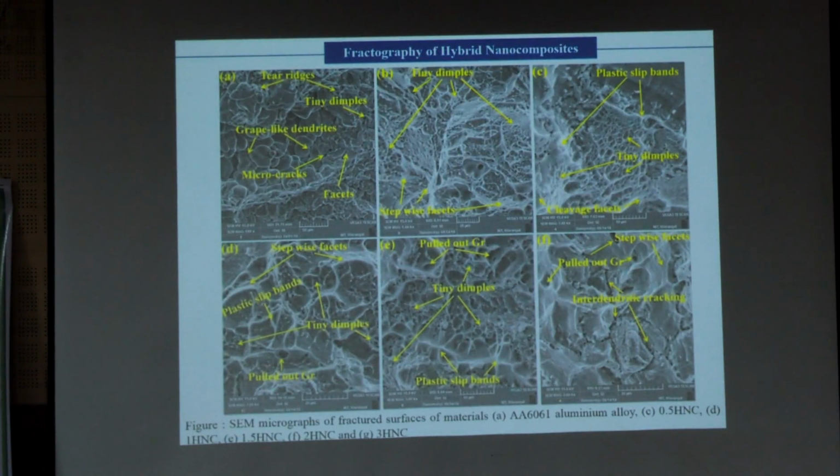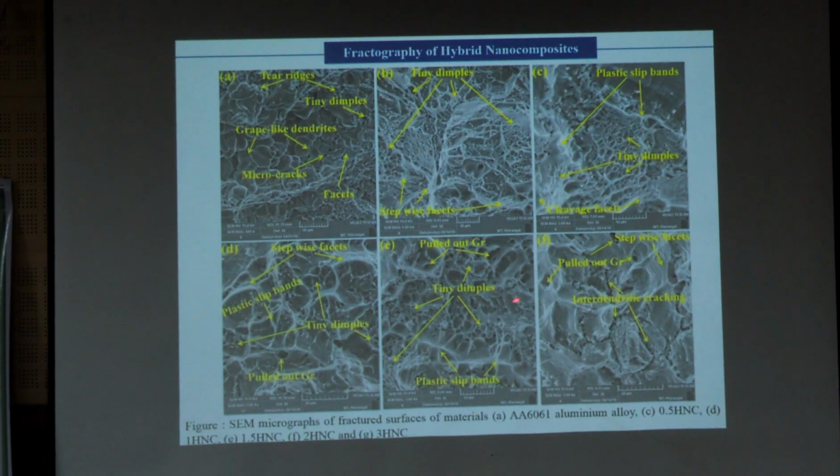Then this is the fractography of the hybrid nanocomposite, that is, once the fracture takes place in the tensile test, on the fractured specimen you see how the nanoparticles are inside. This is nothing but a cross sectional view, right? You can see the particle distribution is like this. We have different dendrites, micro cracks and some facets, all these are there.